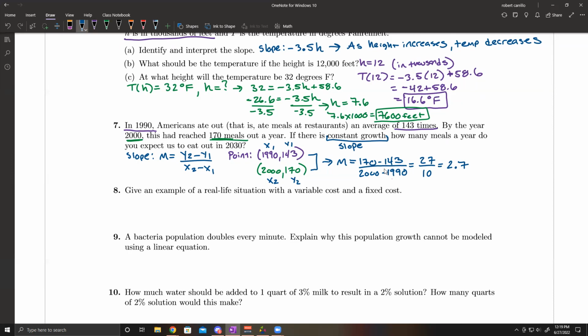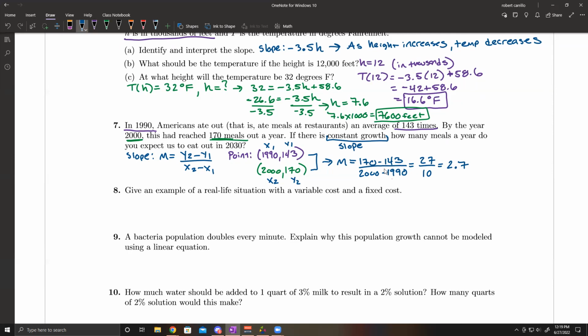Now, what we want to know is how many meals we're going to eat in the year 2030. All right, so this means that from 2000 to 2030, 30 years have passed. So let me see. Would we do that plus 143?